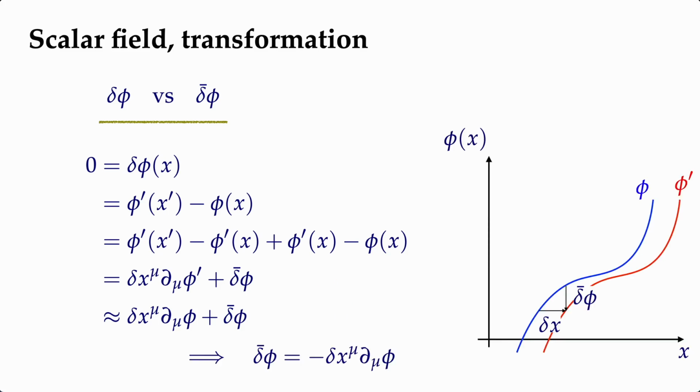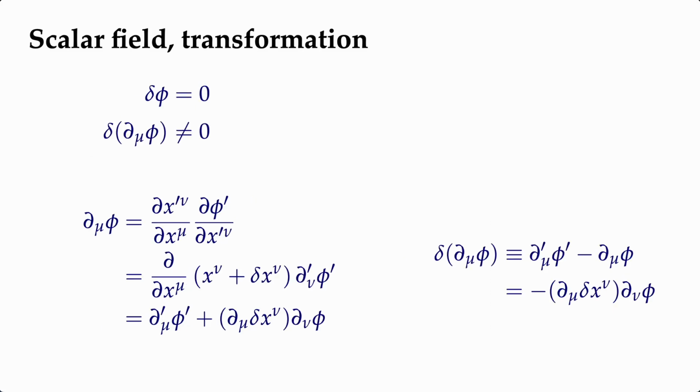The new displacement delta bar phi is somewhat similar to the displacement for an internal symmetry. The fact that the original delta phi is identically zero implies that the delta bar phi is determined by a directional derivative acting on phi. For internal symmetries, the displacement of phi and the displacement of the gradient phi were related in a simple manner.